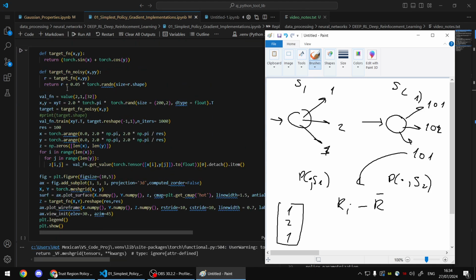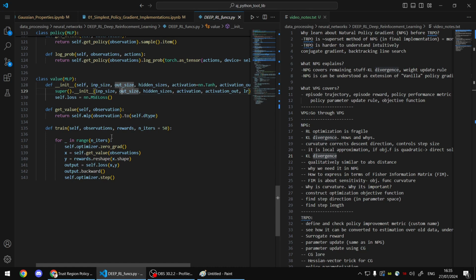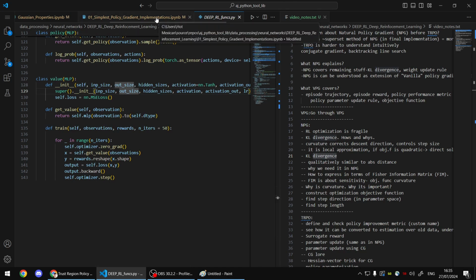Here's a small example. I have just a multi-layer perceptron, trained with the basic optimization where you know the results and you know the output of your neural network.